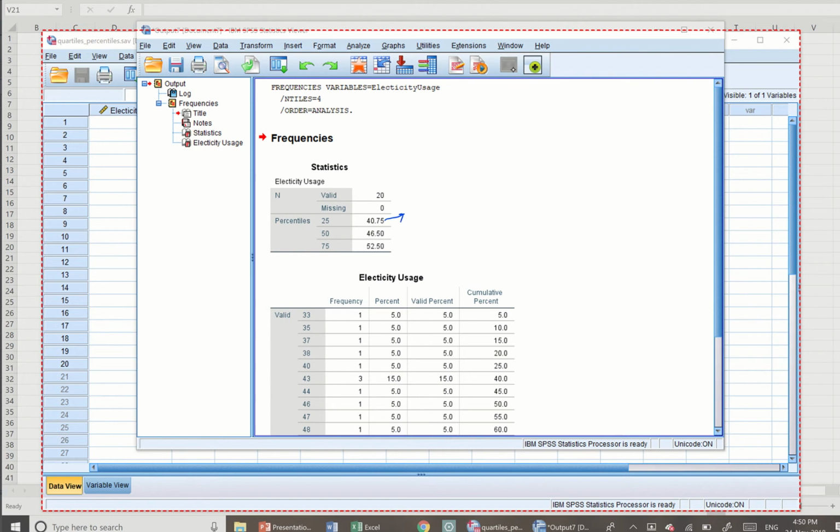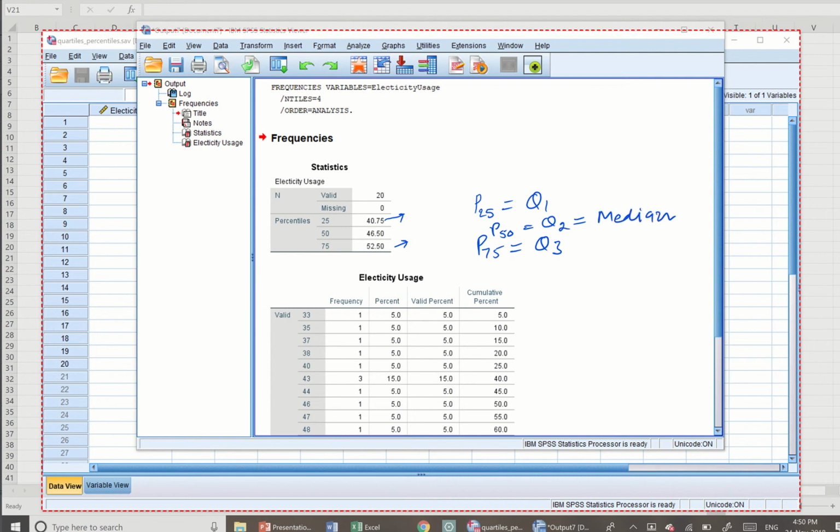So this is the 25th percentile. The 25th percentile is nothing else but Q1, the 75th percentile is nothing else but Q3, and the 50th percentile is nothing else but Q2, which is also the median of the distribution.